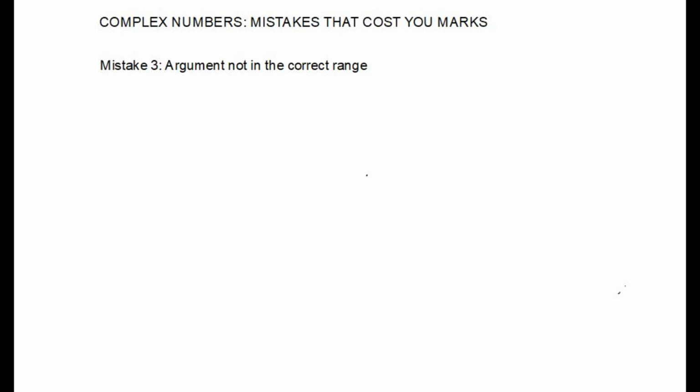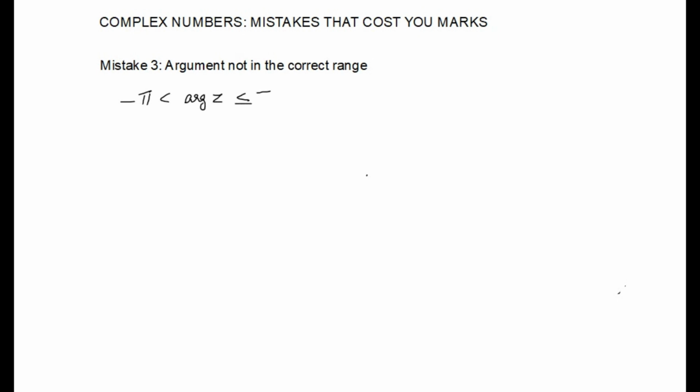The third mistake is the argument not being in the correct range. Now, according to your syllabus, the principal range for the argument of complex numbers is minus pi less than the argument of z less than or equal to pi.